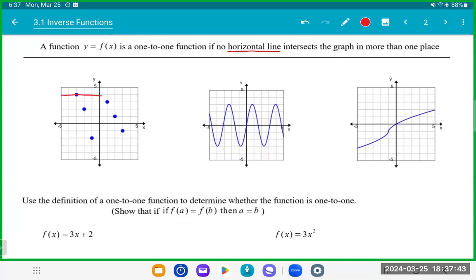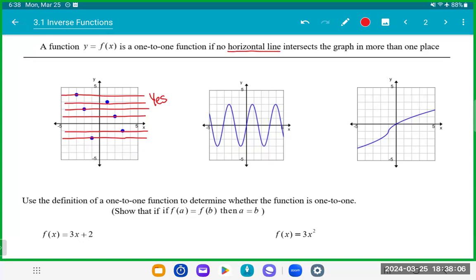If I draw a line for every one of these points, you can see that no line has more than one intersection. So yes, this is going to be one-to-one.